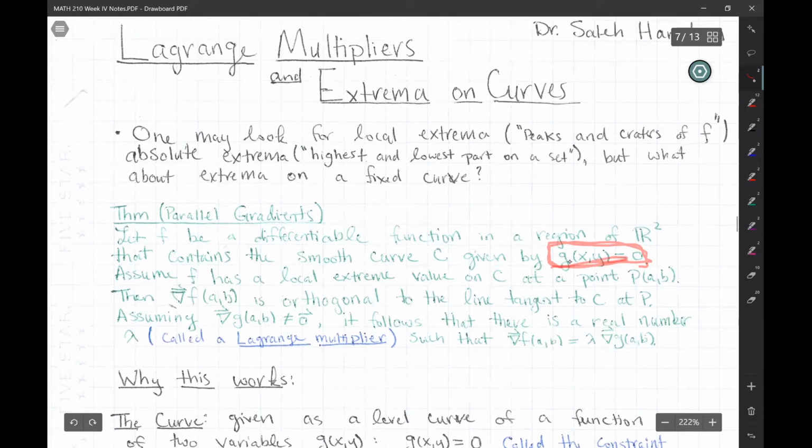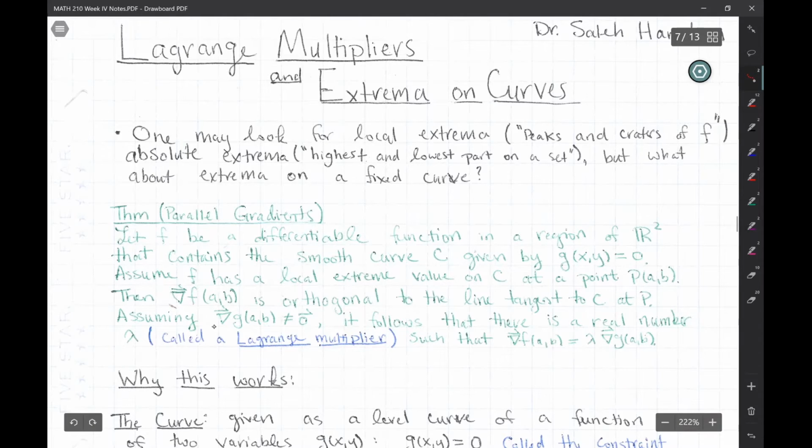So the curve is just given as g(x,y) equal to 0. Also, assume f has a local extreme value on C at this point (a,b). What consequences do we get? We get that the gradient of f is orthogonal to the line tangent to C at P. Okay? So it's orthogonal to the curve at the point P.